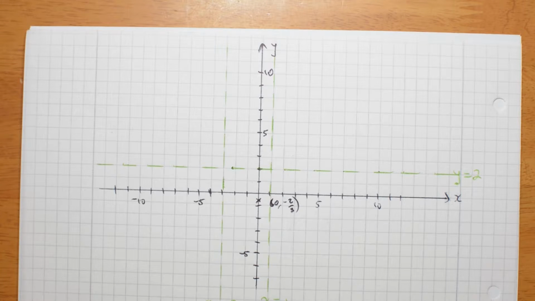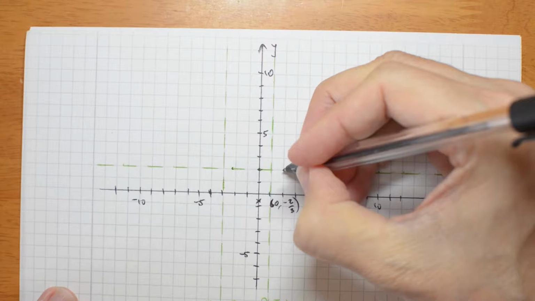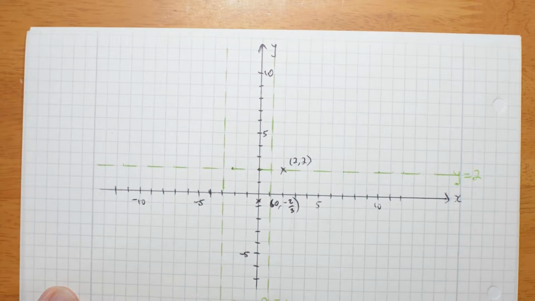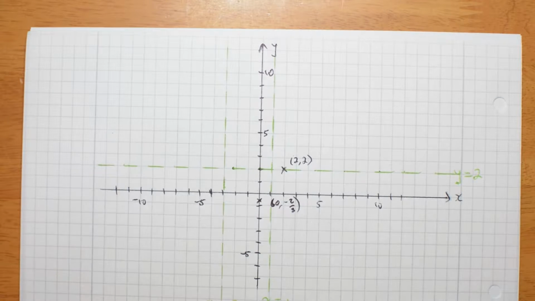Other points I do know is that the graph actually goes through the asymptote here at 2, 2. Okay, that will help me figure out what's going on here.